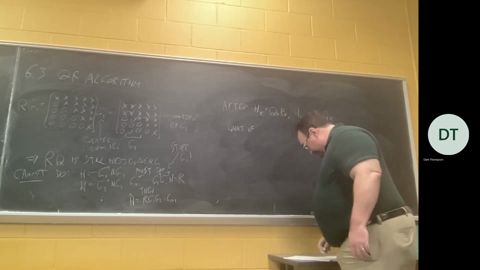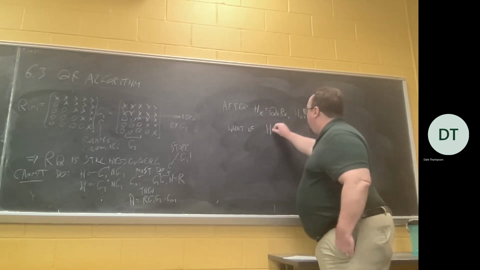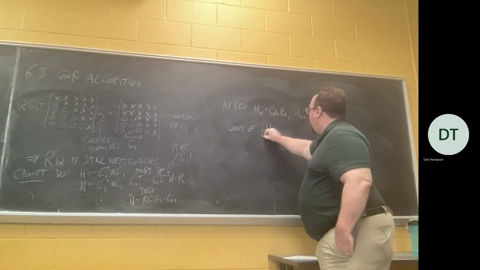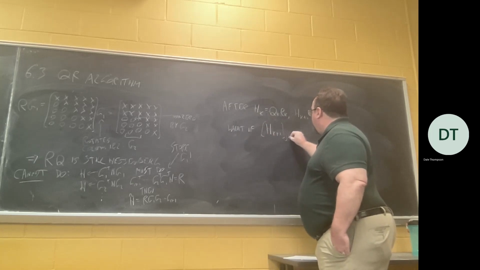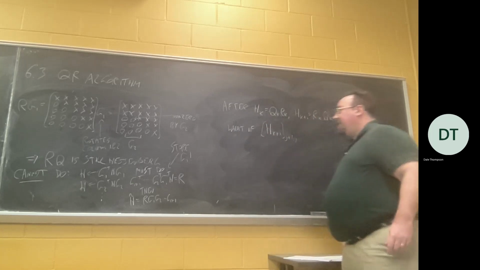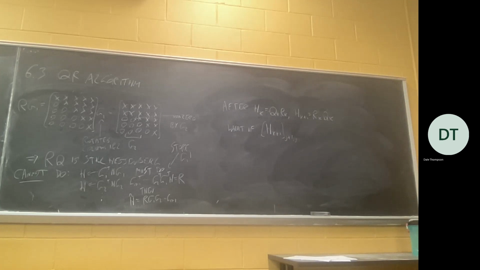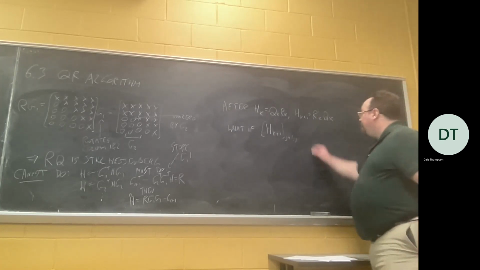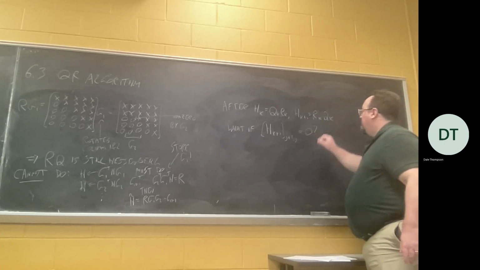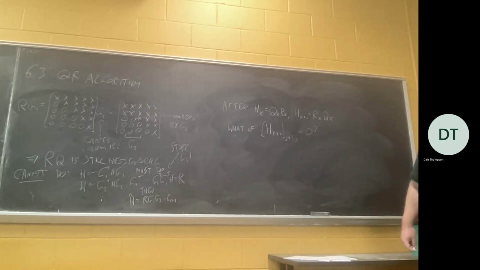we have the following, where you examine your matrix H_{k+1}, you examine a subdiagonal entry, like the entry in column j, row j+1. What if it's equal to 0? Now, I have to be careful about what I mean here. It's floating point arithmetic.